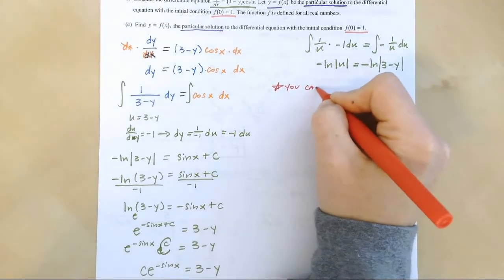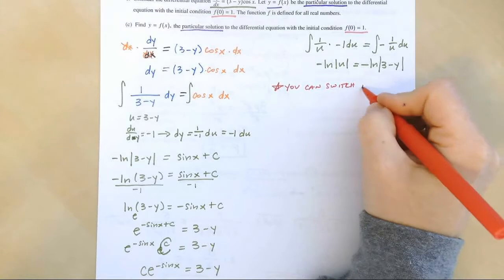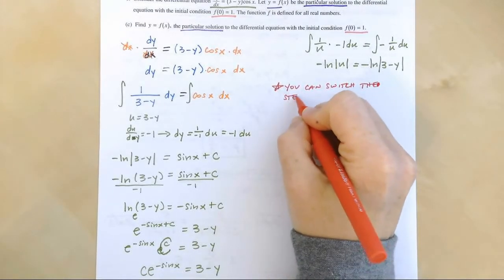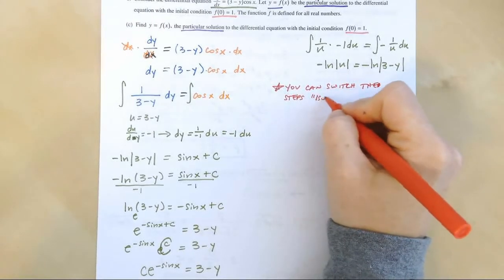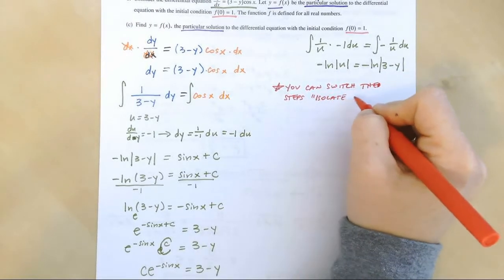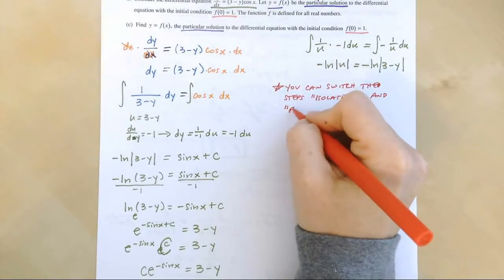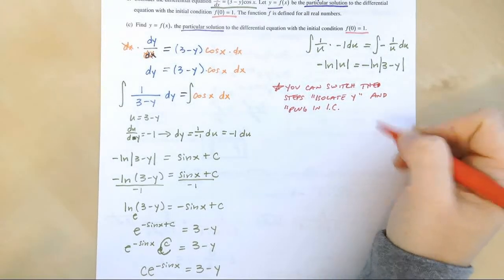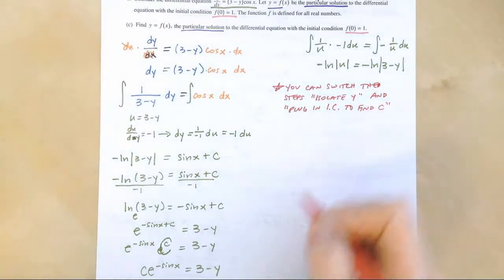You can switch the steps, and I'm going to name the steps. You can switch the steps isolate y and the step plug in. I'm going to call it IC for initial condition to find C. Those were two of our steps from yesterday.